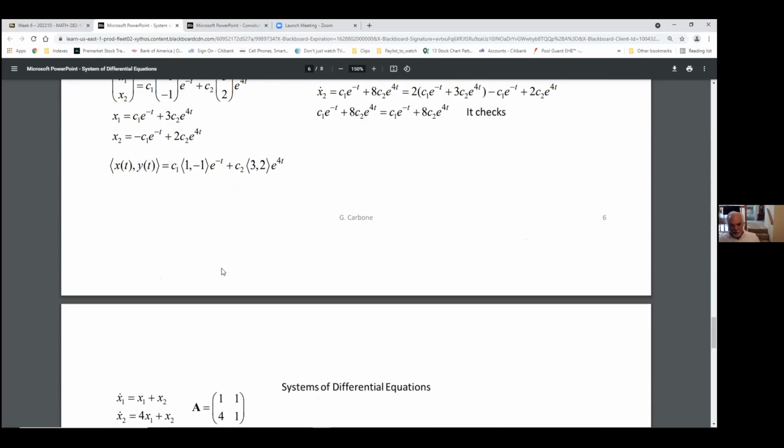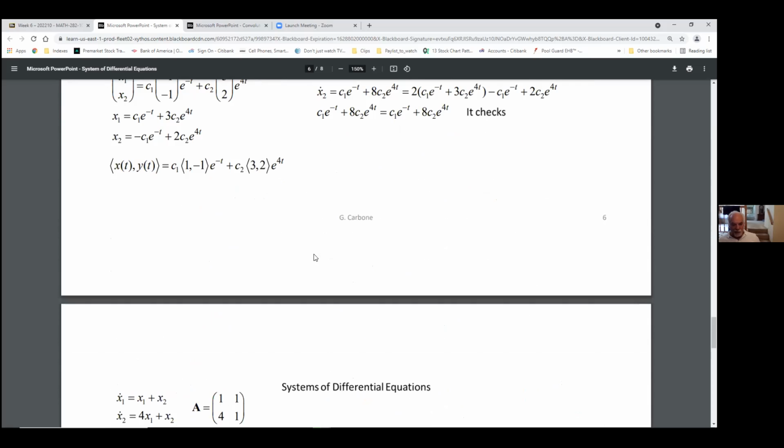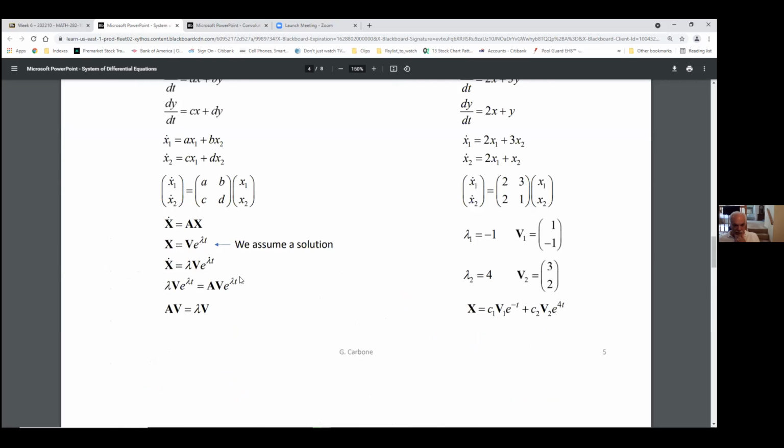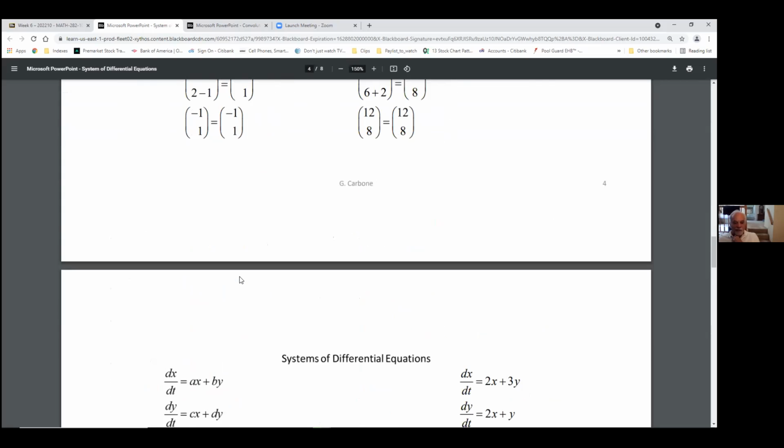But we're only going to deal with the case where the eigenvalues are real and distinct. So we'll be solving a system of linear equations that looks like this, and it's pretty straightforward. Once you learn how to find the eigenvalues and eigenvectors, you really have solved the problem.